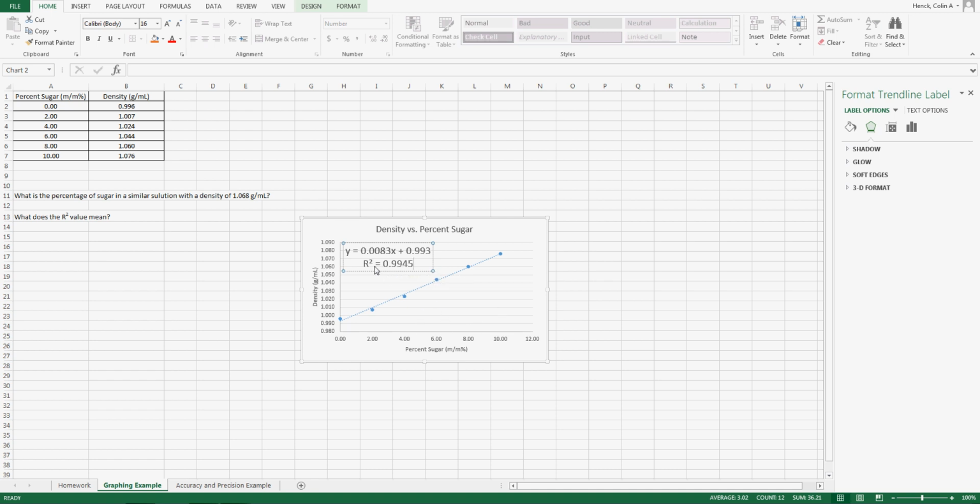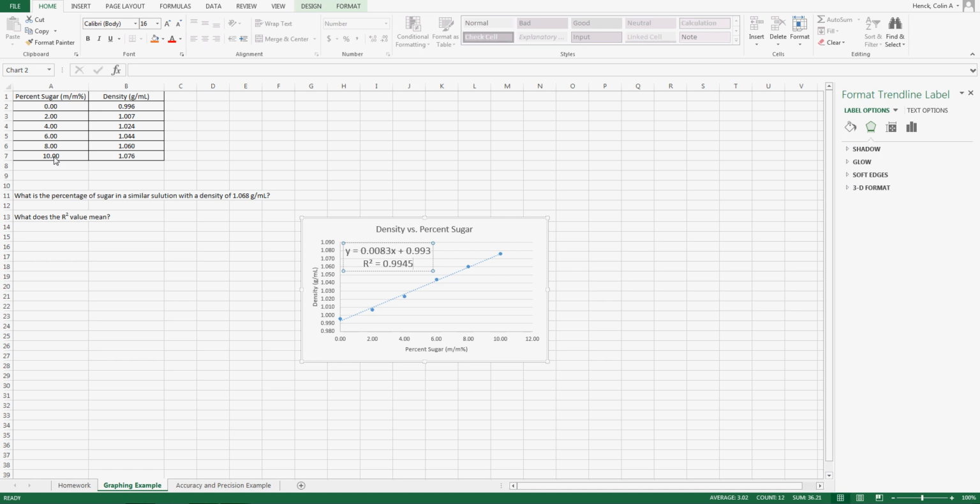The next thing to notice is that this gives us the equation of a line. Y equals 0.0083x plus 0.993. This equation of the line is very useful because it can be very difficult to experimentally measure the percentage of sugar in something.